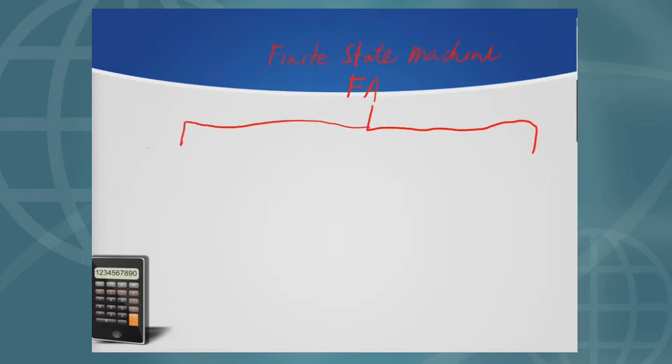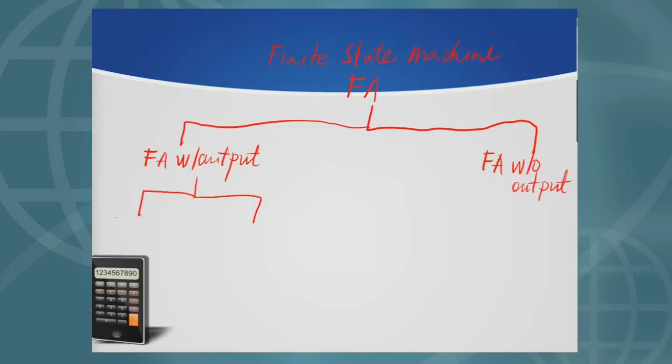We have the finite automata with output, and we have the finite automata without output. Finite automata with output, we have two kinds. These are the Moore machine, M-O-O-R-E, and the Mealy machine.